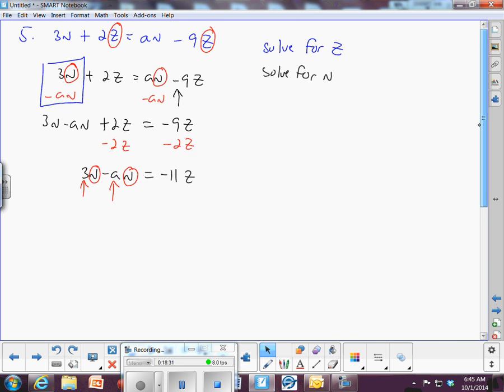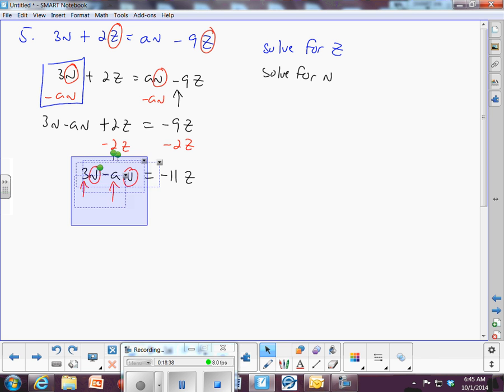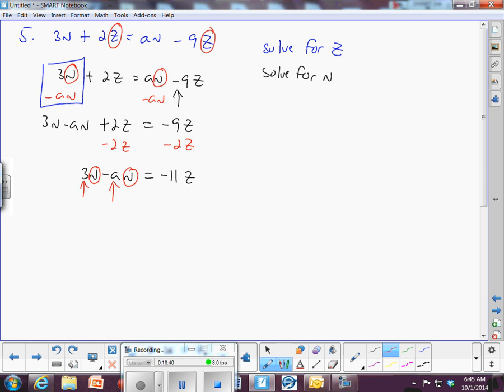Okay. All right, so let's take a look at this situation right here. Let's look at just the 3n minus the an, right? That's what we have to deal with right now. So I want to go off to the right here, and I want to give you an analogy. I want to remind you of the distributive property.